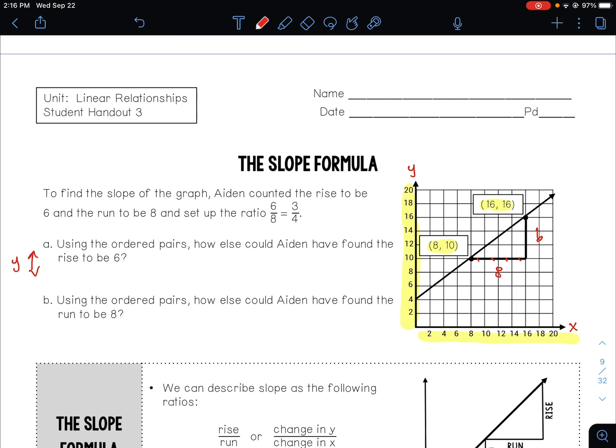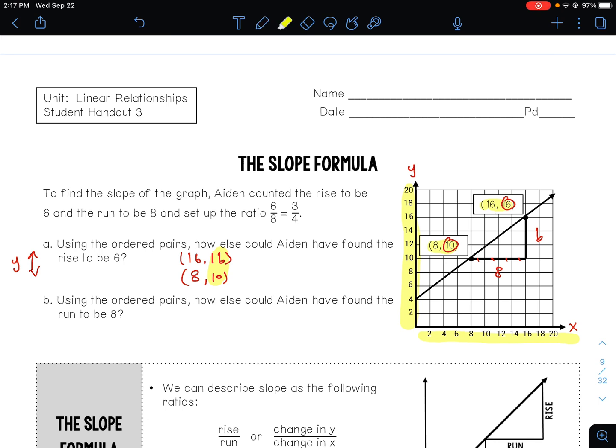So if you took the y values, 16 and 10, so let's look at our ordered pairs. We have 16, and we also have 8 and 10 as our other ordered pair. How else could we have found the rise to be 6? Well, if we did 16 minus 10, and we're only focusing on the y values here because the y's correspond with the up and down.